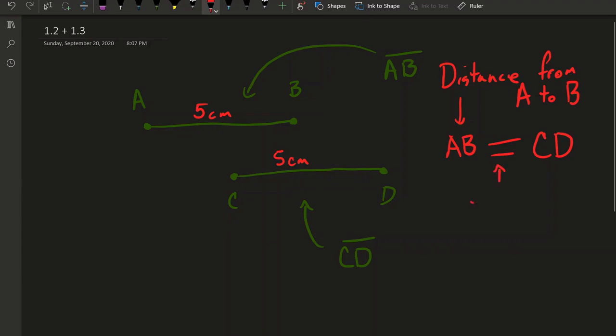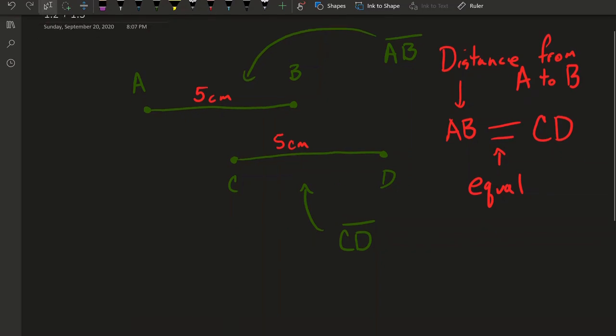Again, this sign right here is equal. Anytime we use equal, that means we're talking about numbers. But what if I want to say the pictures themselves are the same? Now, AB and CD are two different pictures, but they're identical pictures. So we have another symbol here.